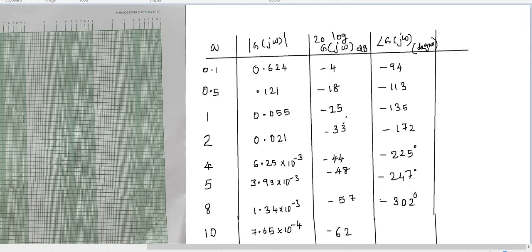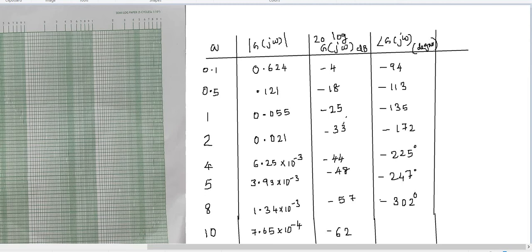Hence the angle keeps on increasing, unlike the previous problems, where the angle becomes constant at higher frequencies. When an exponential term comes, there will always be an angle associated with it, and it will vary with frequency. Hence the angle will not be a constant value; it keeps on increasing with respect to the frequency.